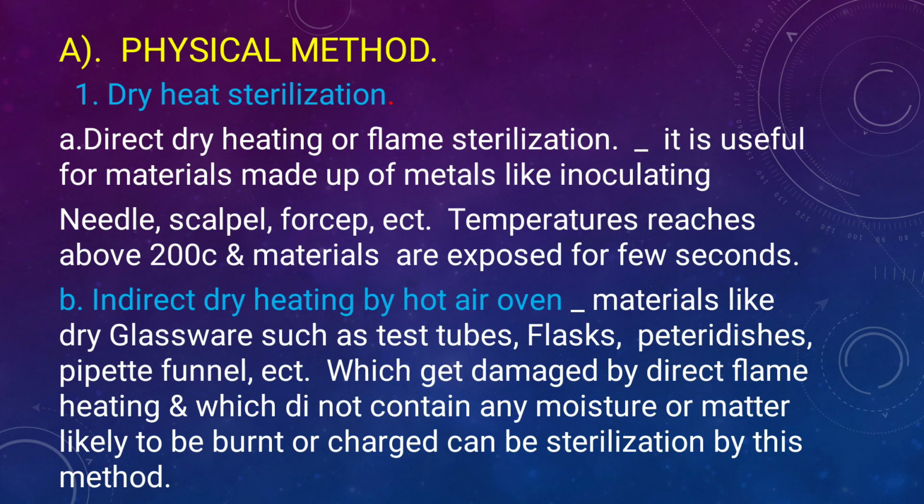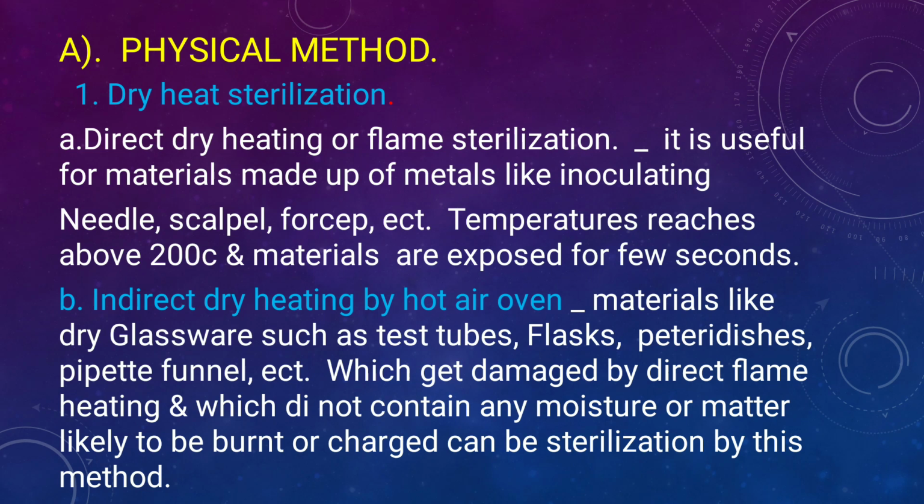The second one is the indirect dry heat sterilization method. In that, materials made of glass, that is test tubes, flasks, petri dishes, pipettes, funnels, etc., are sterilized before conducting the experiment in an instrument known as a hot air oven.